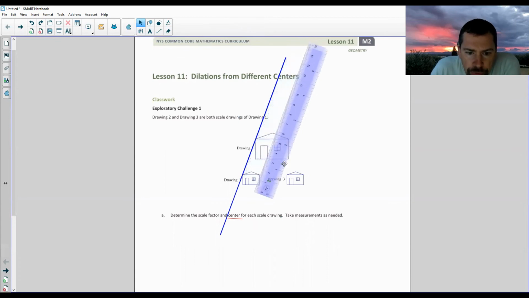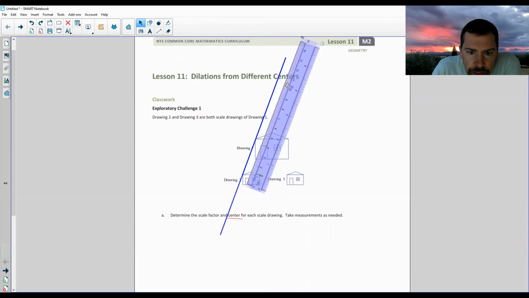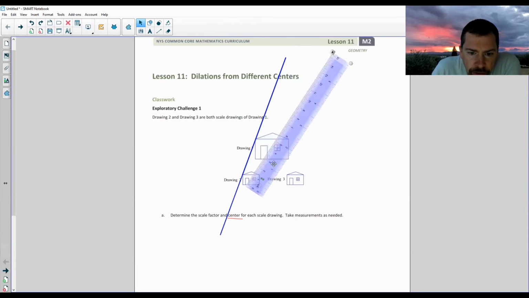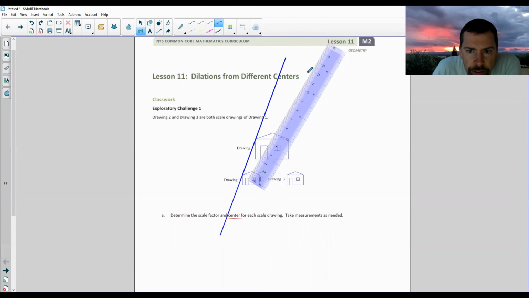Then if I move to another point, like the top right corner of the door, and draw a ray from the top right corner of this little door here to the top right corner of the larger house's door, and draw a ray like so, then when I do that, that tells me where the center of dilation is.